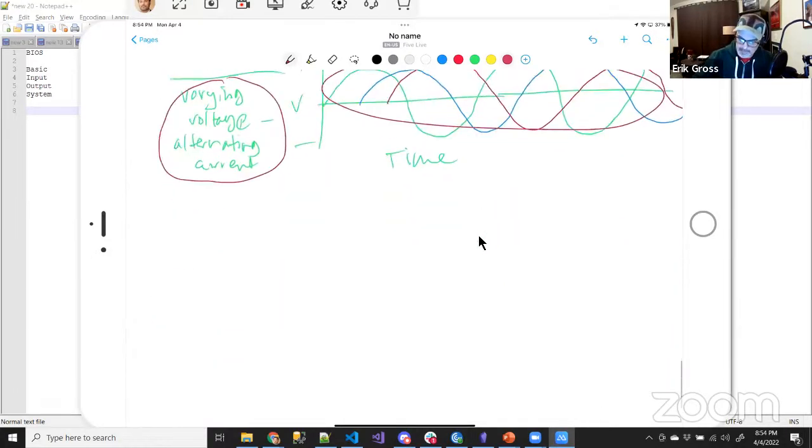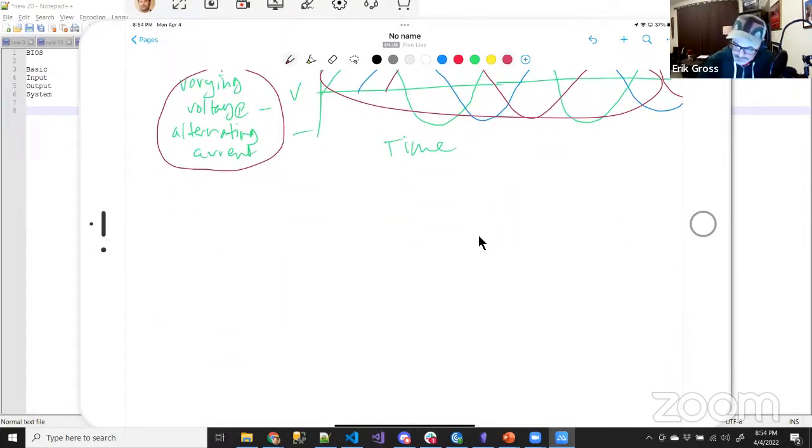All right. Now, in computers, we do need varying voltage in one specific thing.